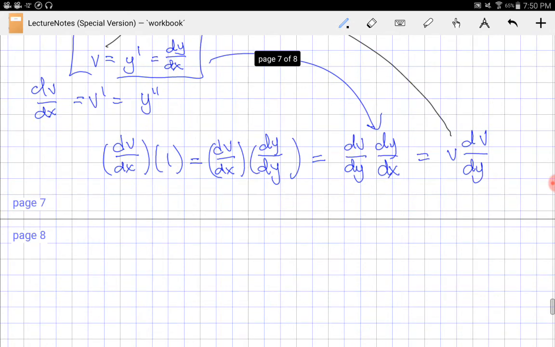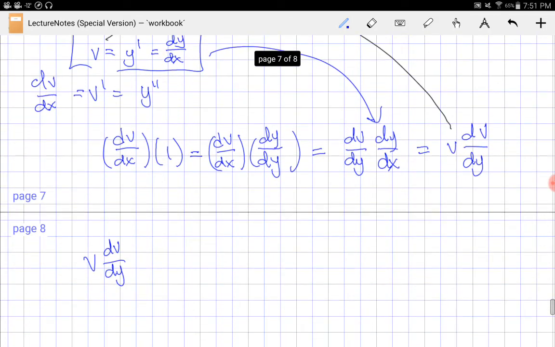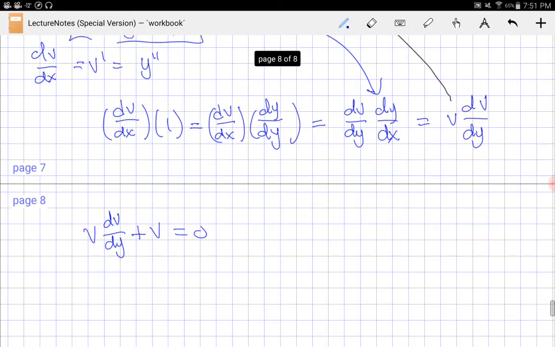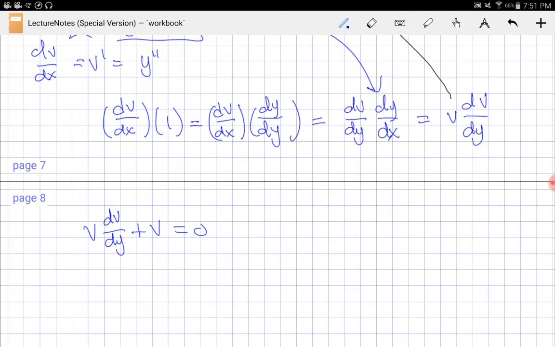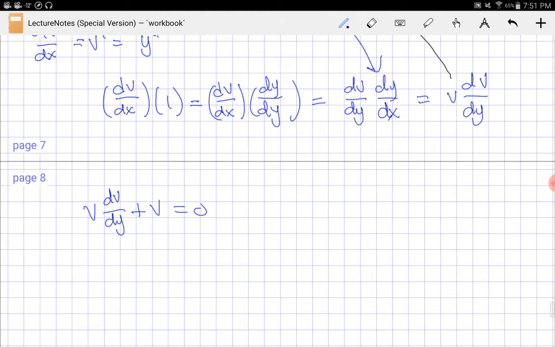So our new equation looks something like this: v times dv/dy plus v equals 0. At this point we can divide everything by v and say that dv/dy plus 1 equals 0.